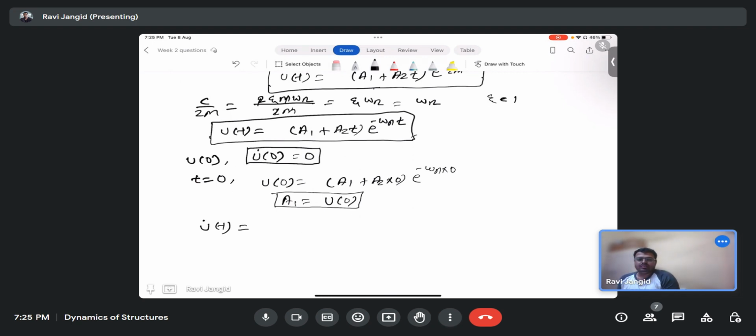Can you do the derivative of this equation so that we can easily find out the a2 also? A2 omega n e power omega n into t. But you are telling me the differentiation of this equation or the a2 coefficient value.